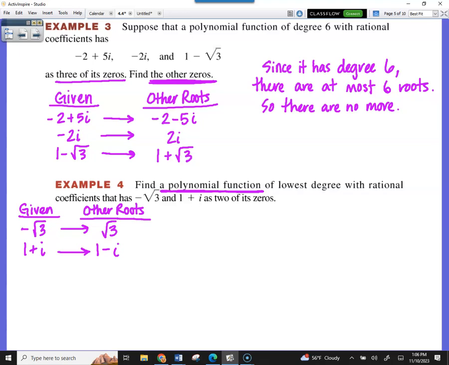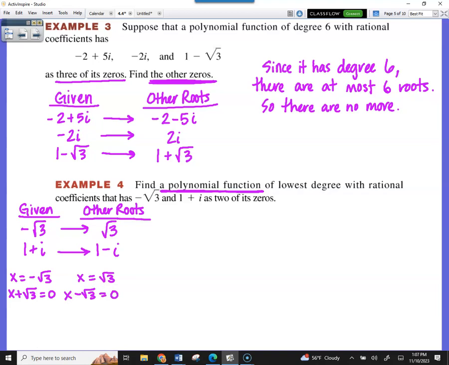So x equals negative root 3. If I want the factor, I would add that to the left, and I get x plus root 3, right? So what would the other one come from? X minus root 3.